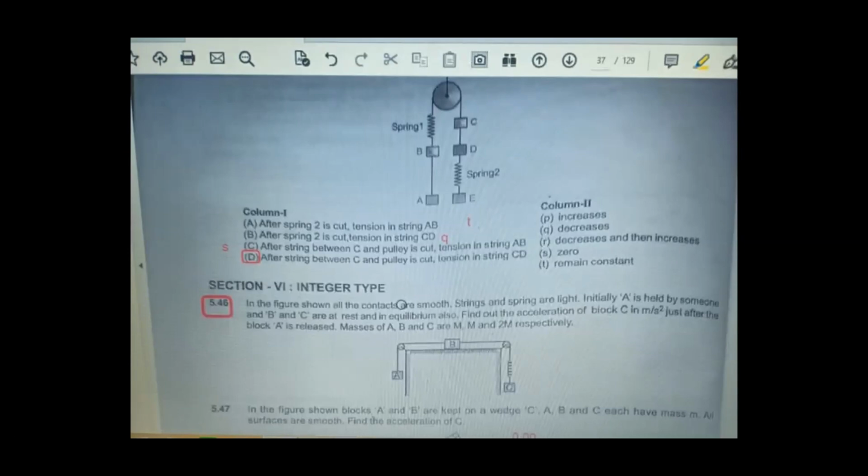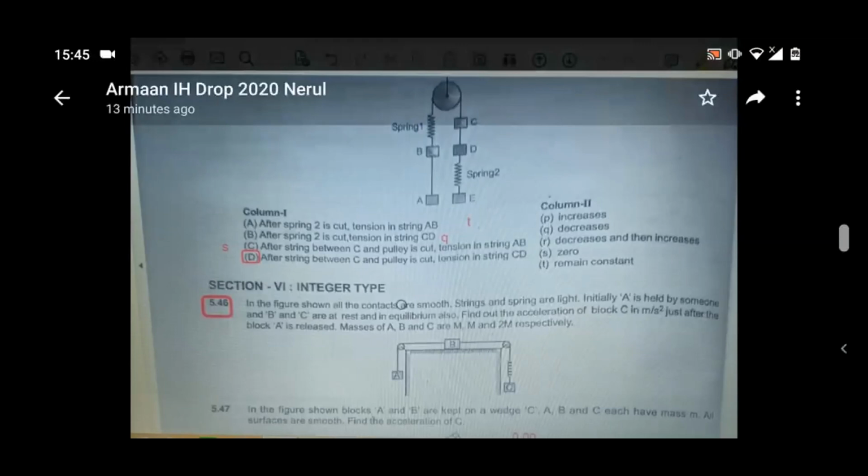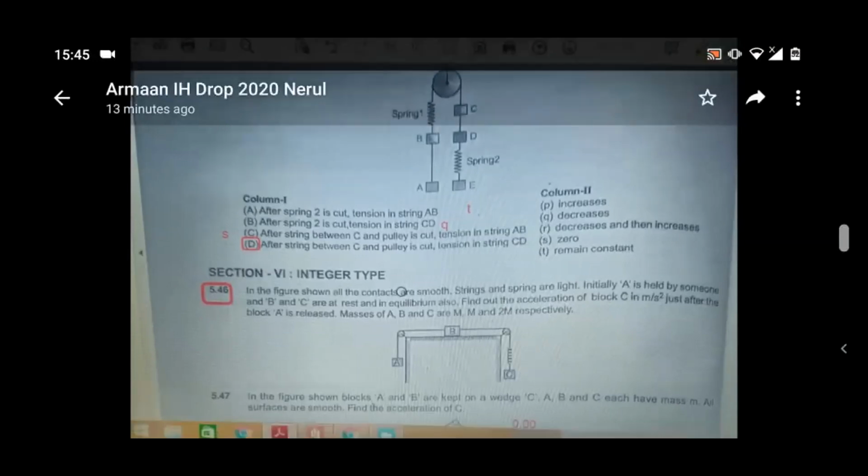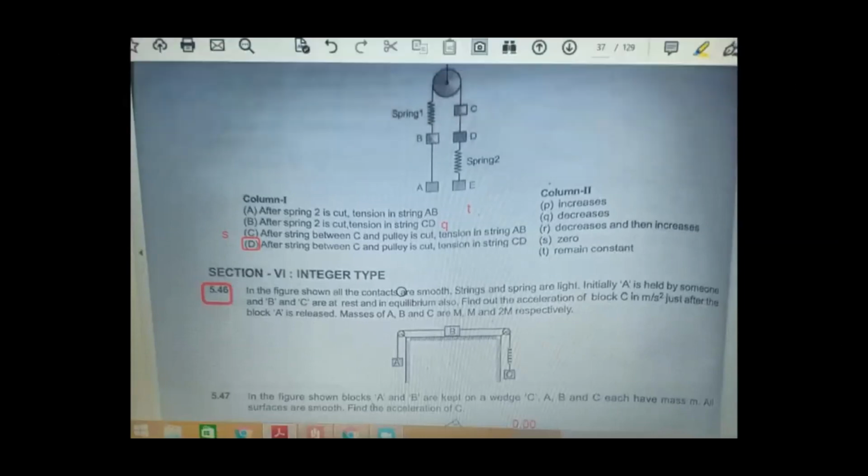At one end of the spring, you have cut the thread. There is no inertia attached. That spring's tension will become 0. Sir, so it will decrease. No, it will become 0. You released the spring from one side, cut it. Okay. So spring 1's tension suddenly becomes 0.